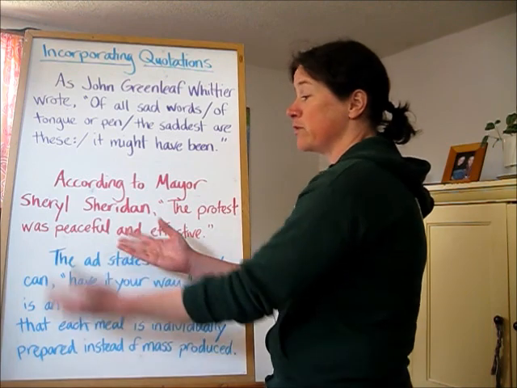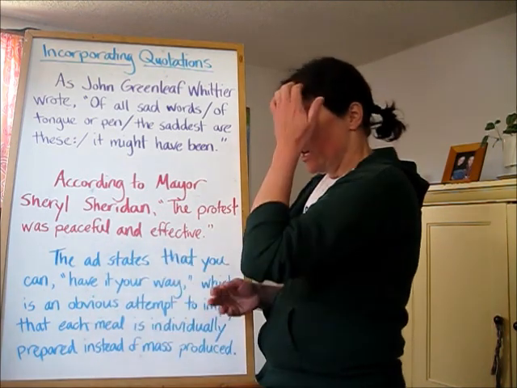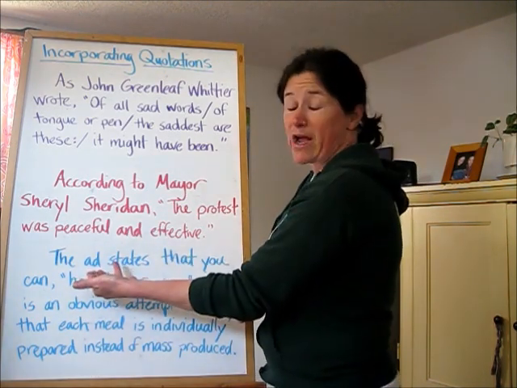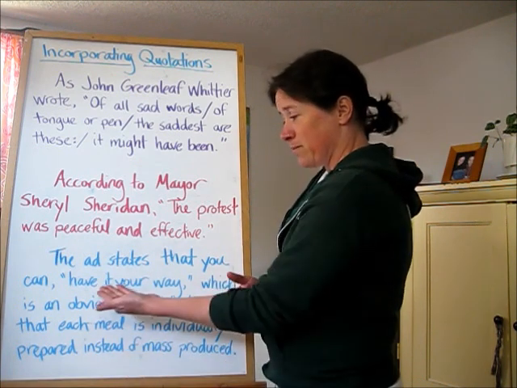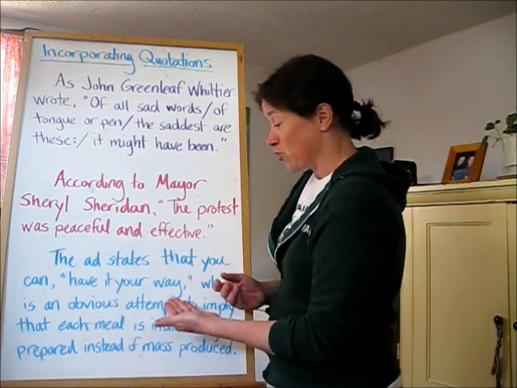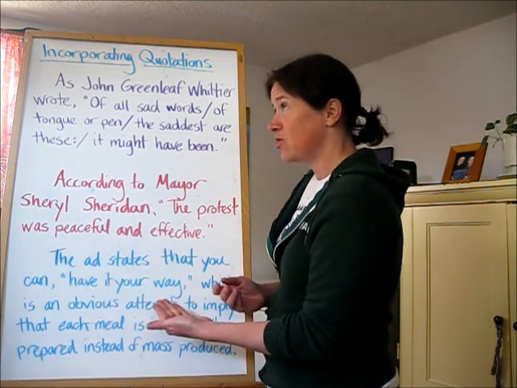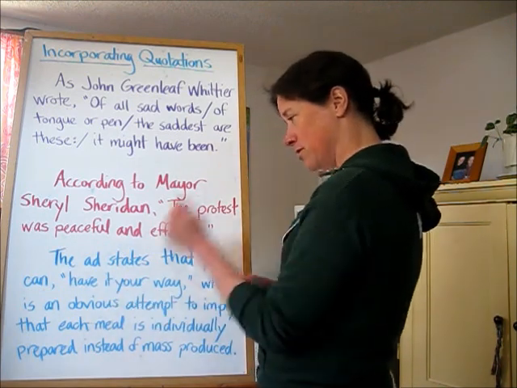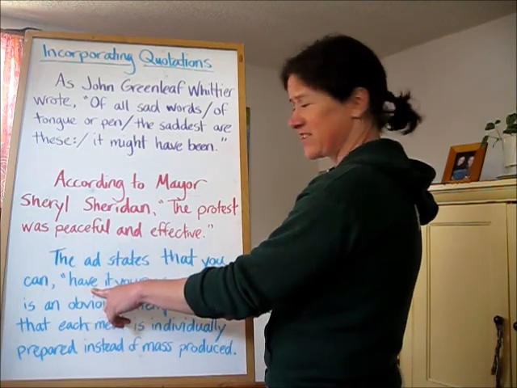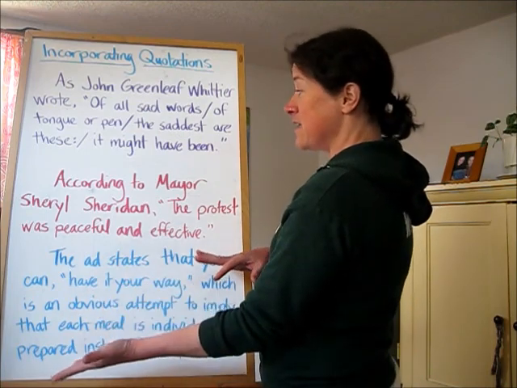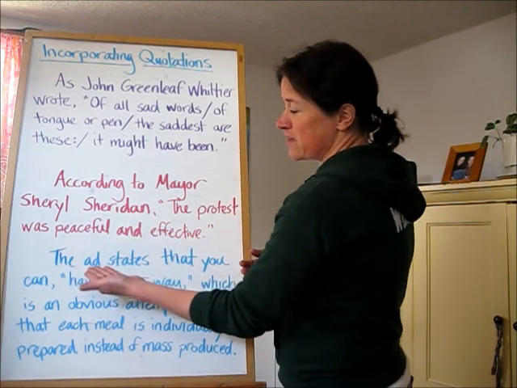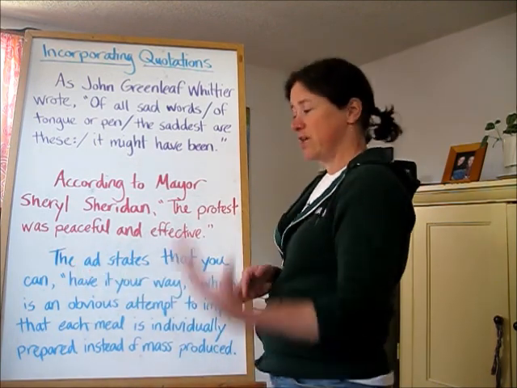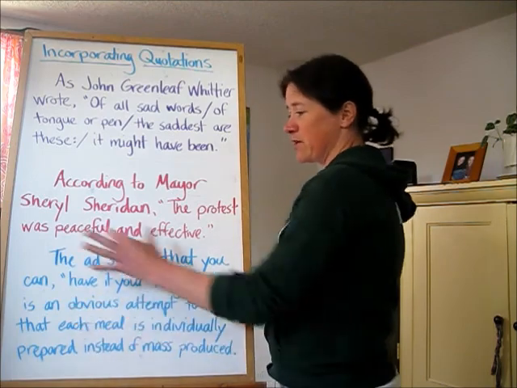And presumably there's context here. This would belong perhaps in an essay that is examining an ad for, I think it's Burger King, that has the have it your way jingle. Actually, I don't know if they even still use that, but the context would allow the reader to know, when you say the ad, that you're talking about the ad that you're analyzing and that this phrase has come from that.